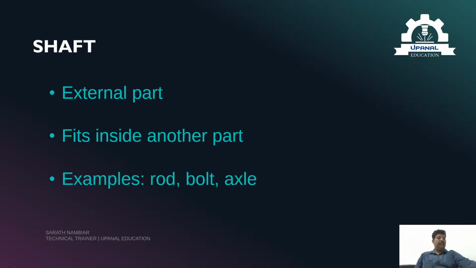In machines, shafts usually transmit the power, support the rotating parts, connect different components, and so whenever you see a cylindrical part going inside something, that is usually a shaft. So I told you the examples are rods, bolt, axle, or anything that fits inside another part.